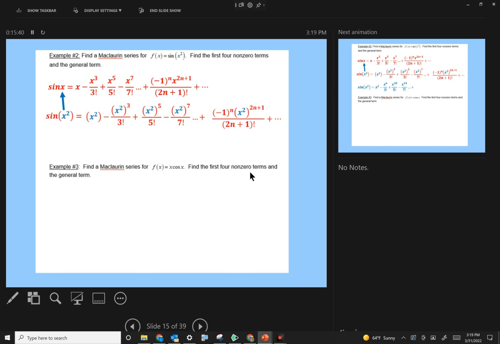And so this way I don't have to do all of the individual derivatives. So once you get it substituted in, then maybe we can just clean it up a little bit.